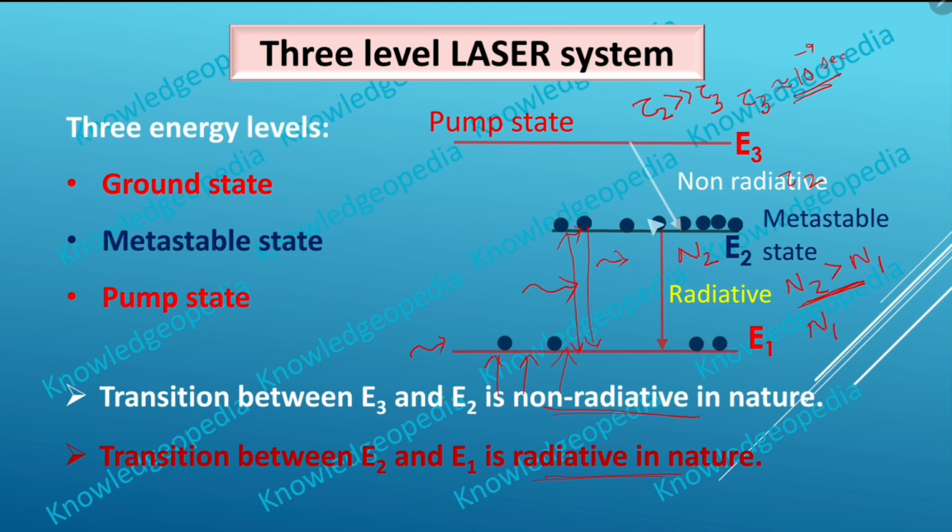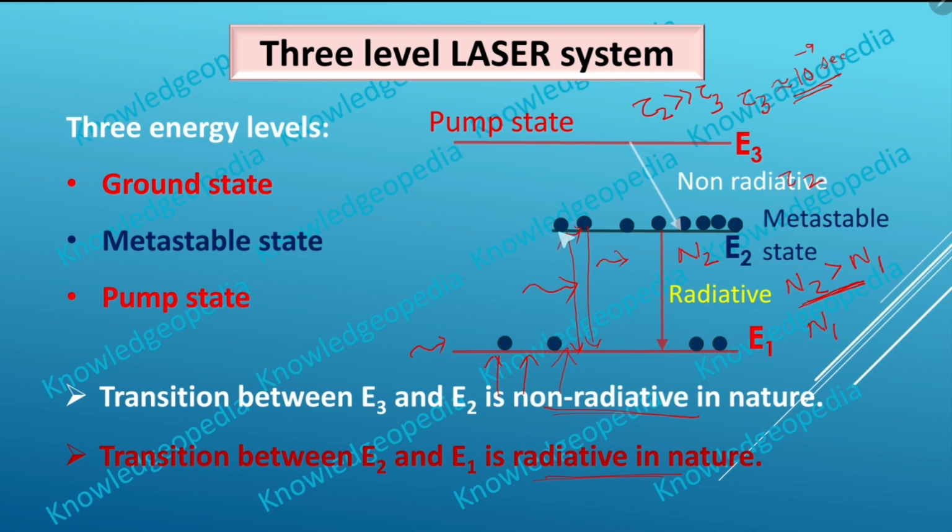These two photons will stimulate two more atoms, giving four photons, and continuously that will get multiplied. This is the radiation which comes as our output. Whatever output we get from a laser is due to this transition, because only in the case of radiative transition do we get light radiation.